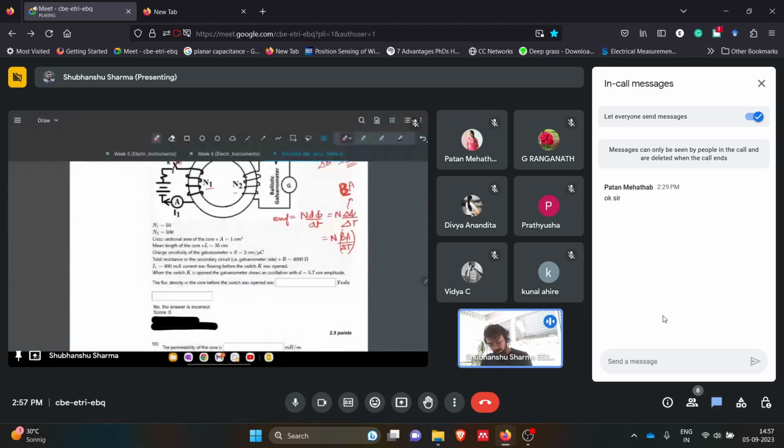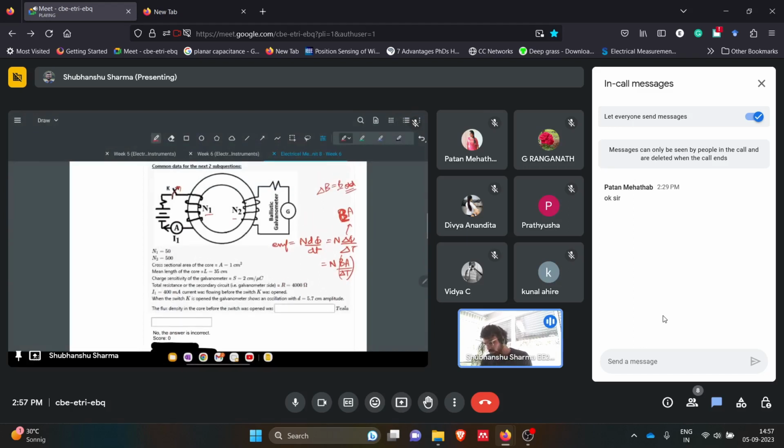So we have BA here, and EMF is I2 into R2. I2 is dq by dt, the rate of flow of charge. So dq by delta t into R2 equals BA by delta t, and this delta t will cancel out.